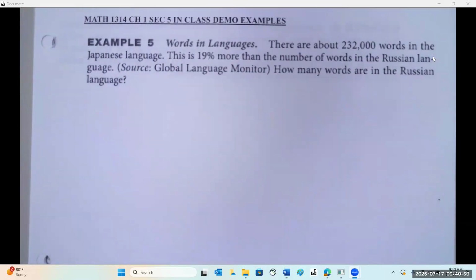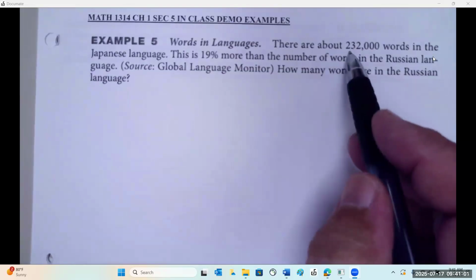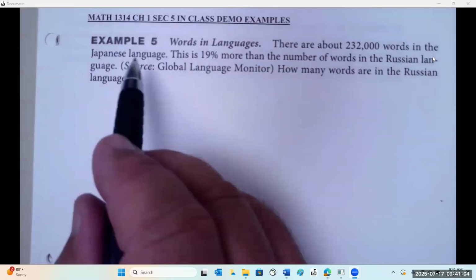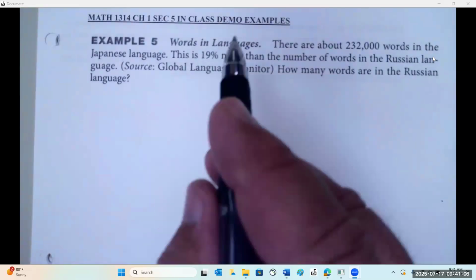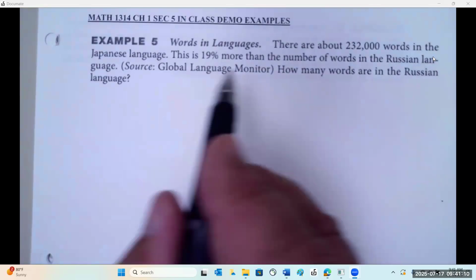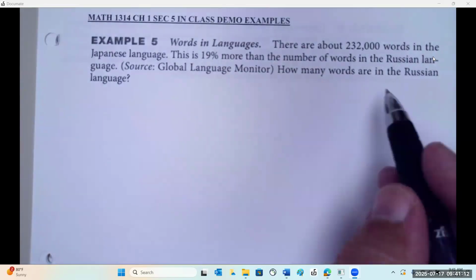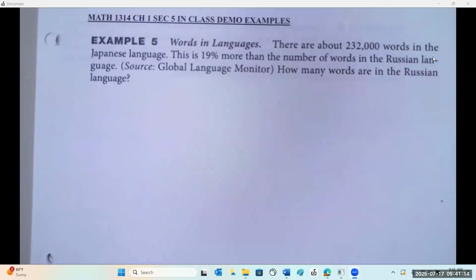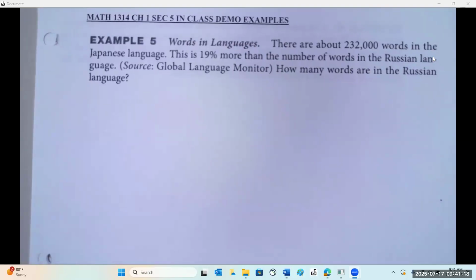World languages. There are about 232,000 words in the Japanese language. This is 19% more than the number of words in the Russian language. How many words are in the Russian language? So how do we set this up?